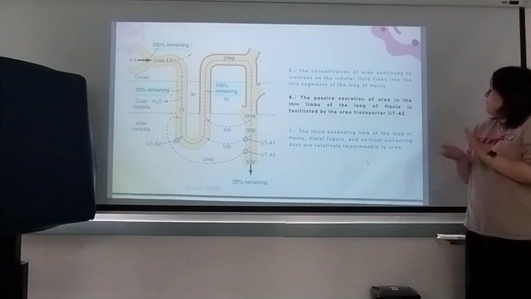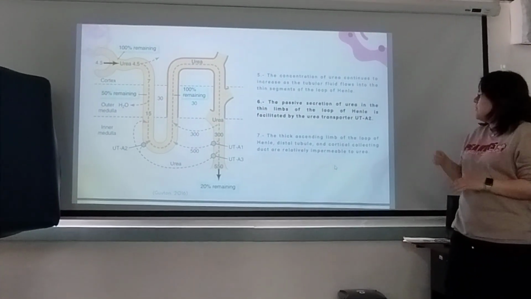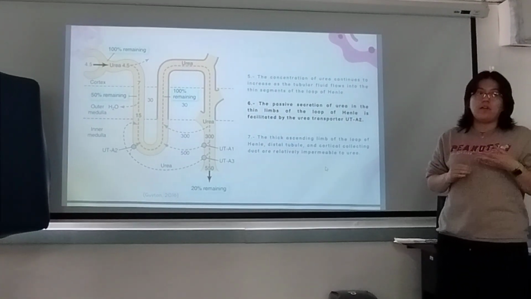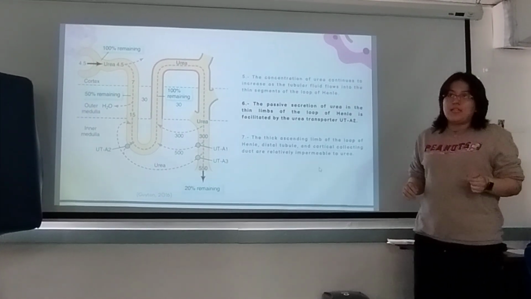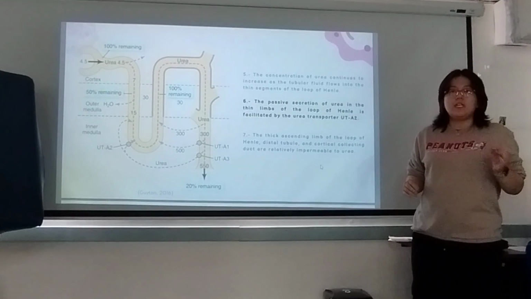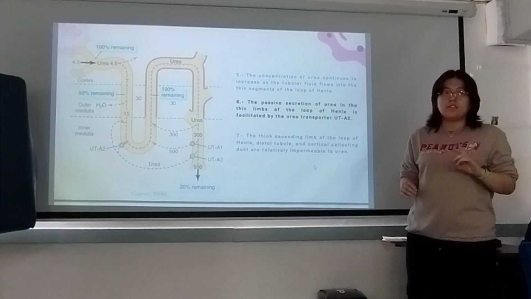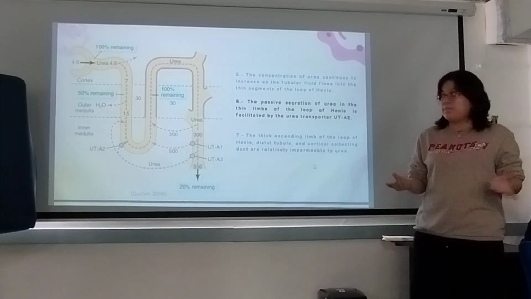The concentration of urea continues to increase as the tubular fluid flows into the thin segments of the loop of Henle due to water reabsorption and some urea secretion into the thin descending limbs of the loop of Henle from the medullary interstitium.